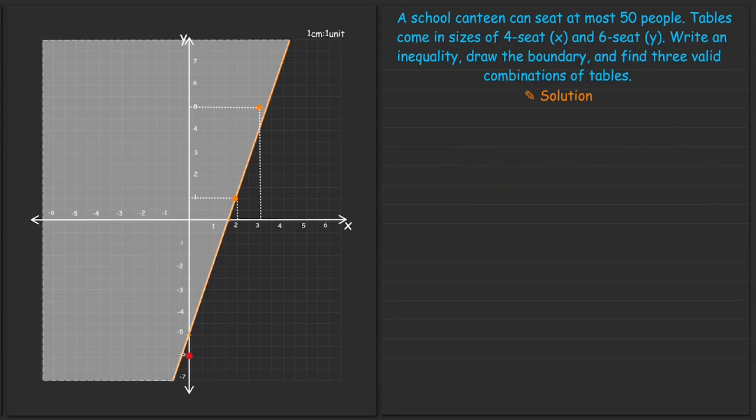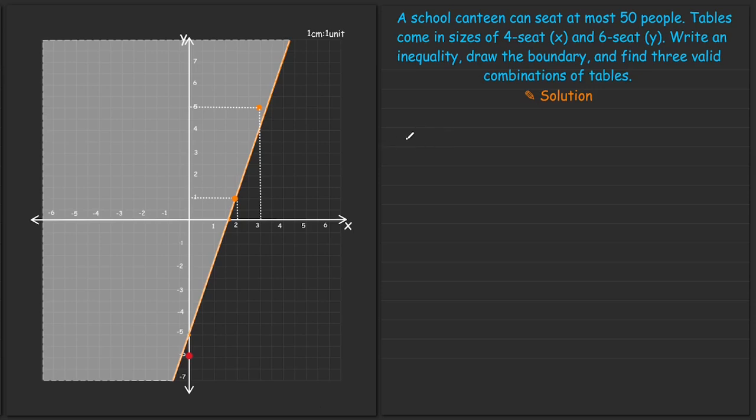So writing our inequalities, looking at the information we have over here, it says a school canteen can take at most 50 people. The tables come in sizes of 4 seats and 6 seats. Now for the tables, we are using X. The number of tables cannot be negative. So that is the first inequality we can write out.